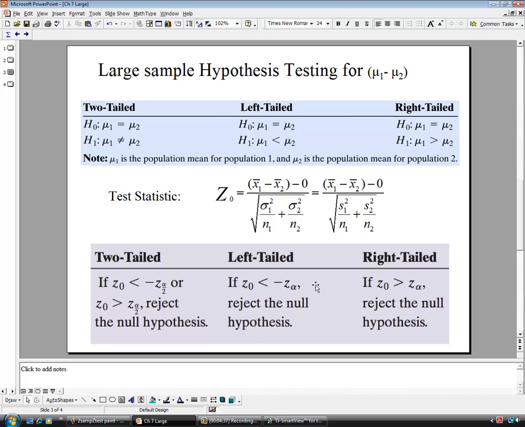A left-tailed test, we specifically only reject if it's far left, much lower. So if it's less than the lower critical value, negative z of alpha, remember in this case all of alpha will be on the left, nothing will be on the right. And the same thing for right-tailed. If our test statistic is larger than the threshold of z of alpha on the right, we reject.